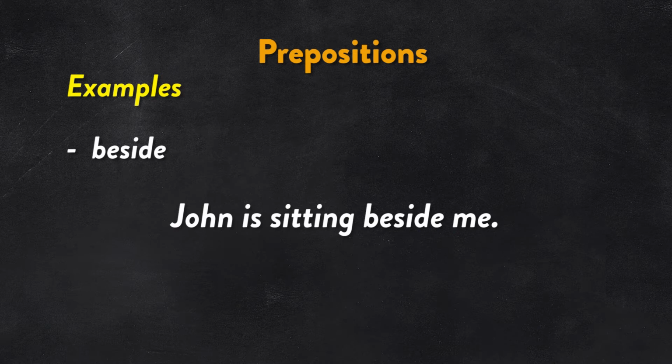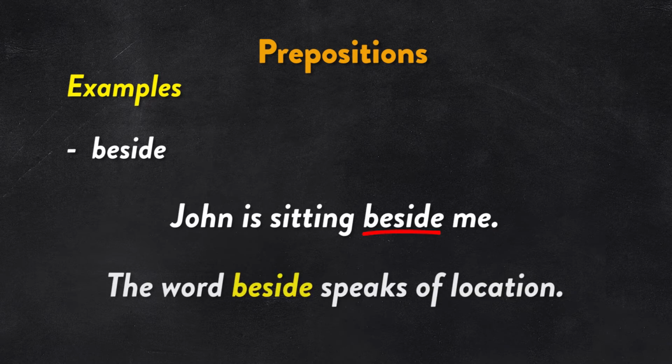So, let's look at beside. If you are sitting next to someone, you can say John or my sister or even your mom or your dad is beside you. So, the word beside tells of location.